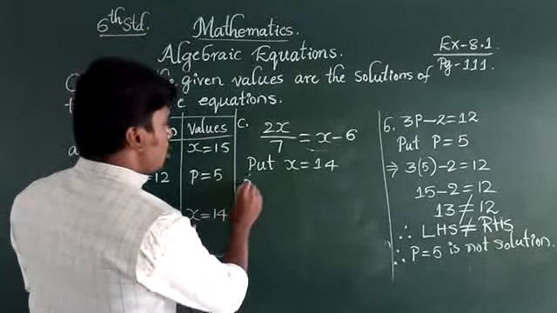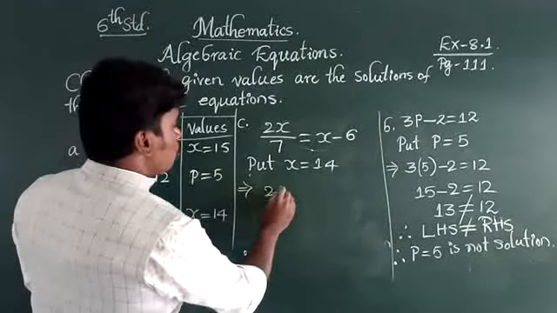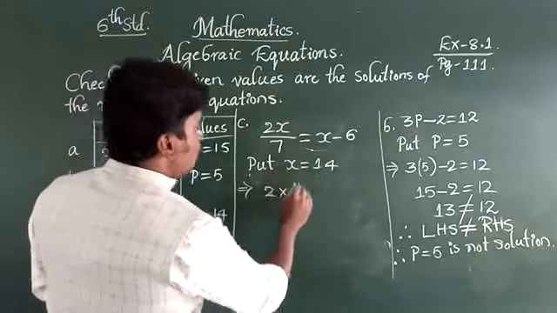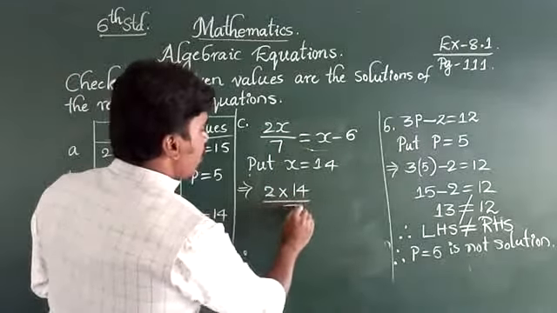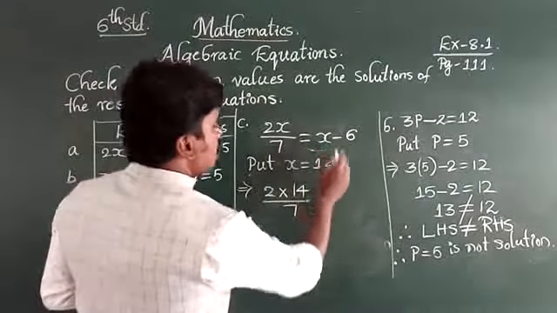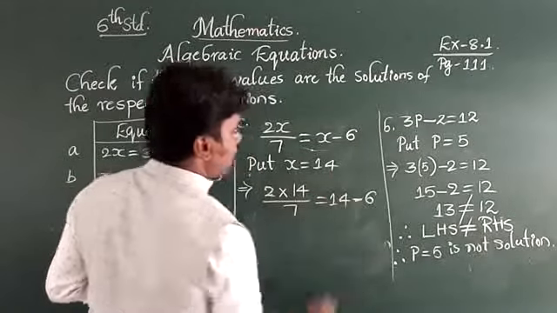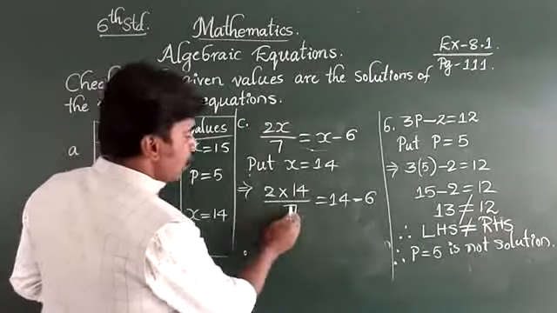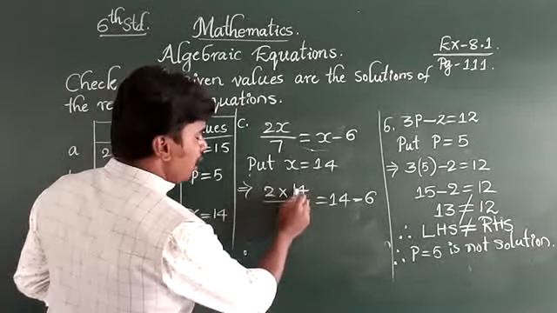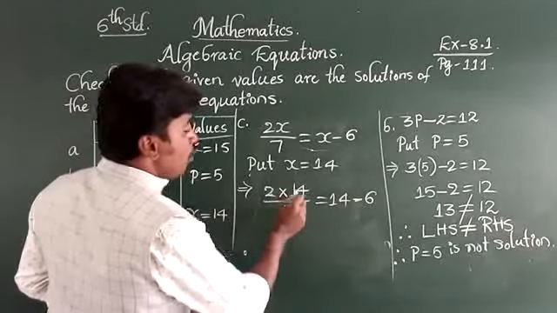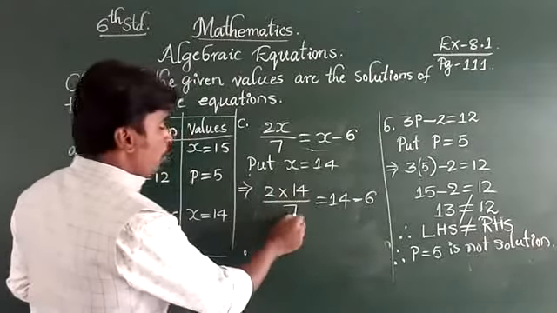So the equation becomes 2 into 14 by 7 is equal to 14 minus 6. Dear students, 2 and 14 are in the numerator, 7 is in the denominator.